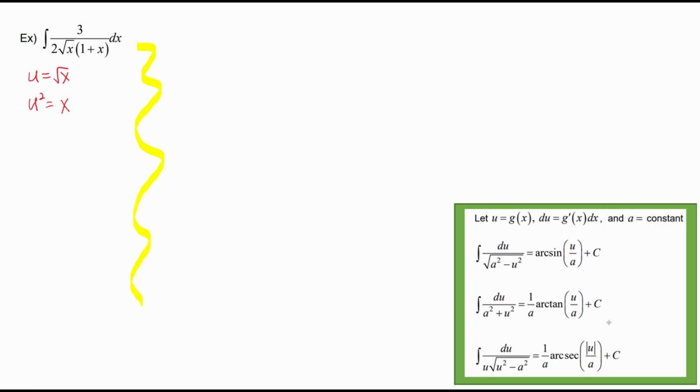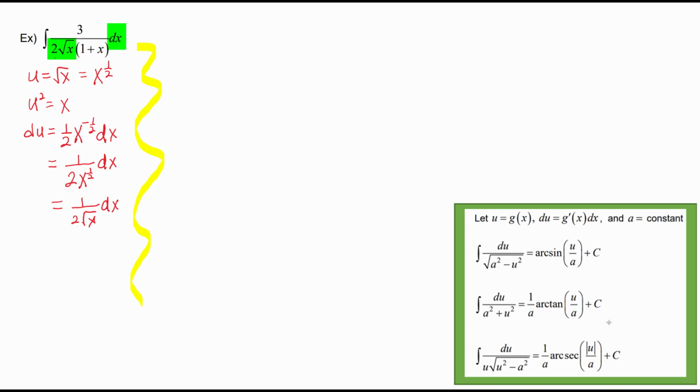And because u equal radical x is x to the 1/2 power, du is equal to 1/2 x to the negative 1/2 power dx, which is equal to 1 over 2 times x to the positive 1/2 power dx, which is equal to 1 over 2 radical x dx. And you can see I do have a du in the problem.